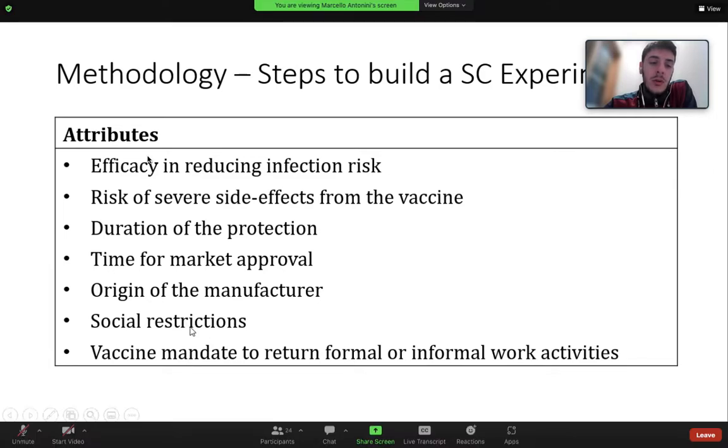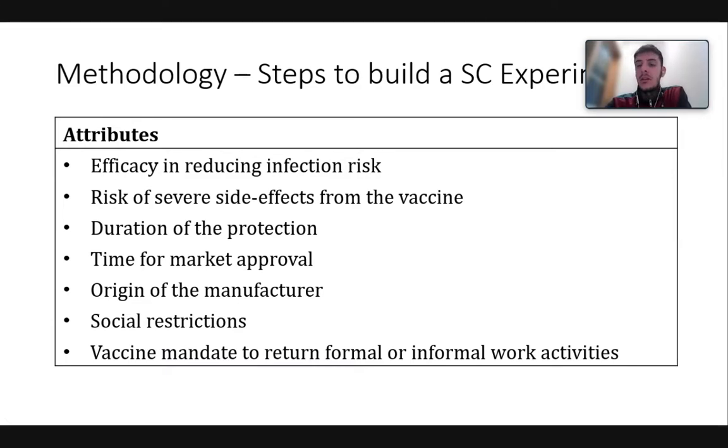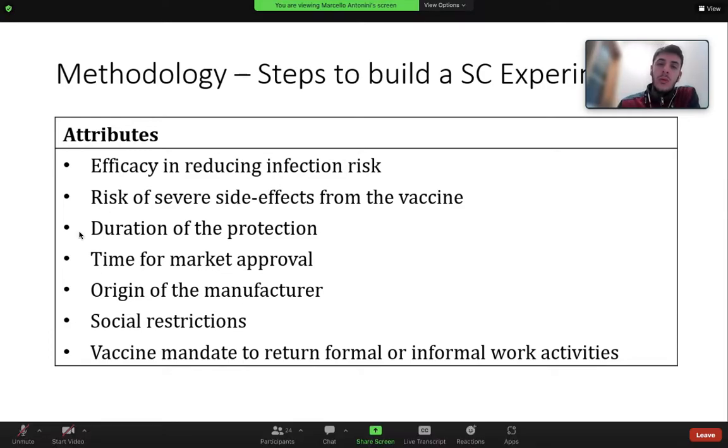Then we also included some attributes related to the policy restrictions faced after getting the vaccine: the social restrictions level, and whether there was or is a mandate to return to formal or informal work activities.